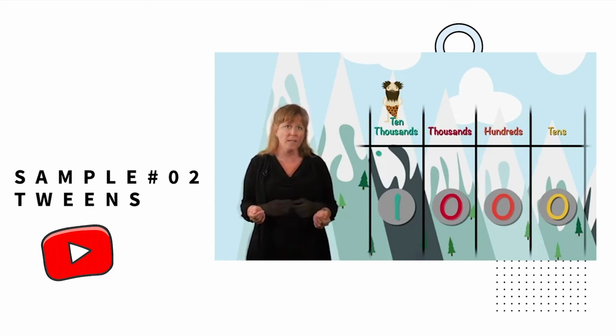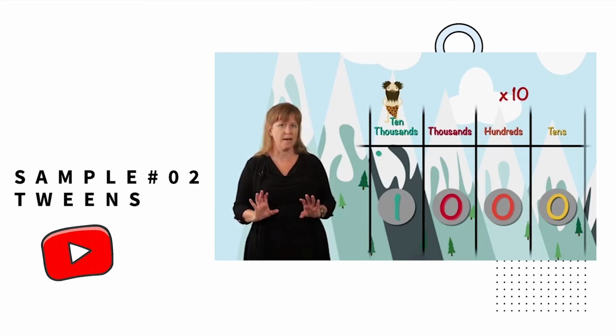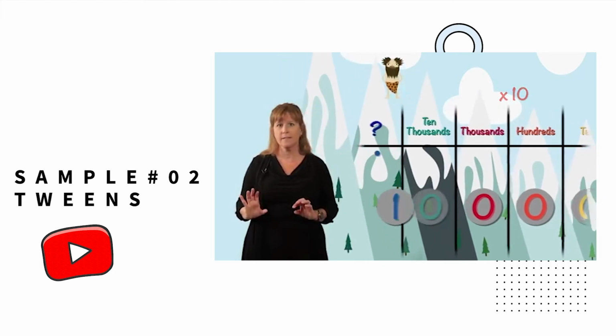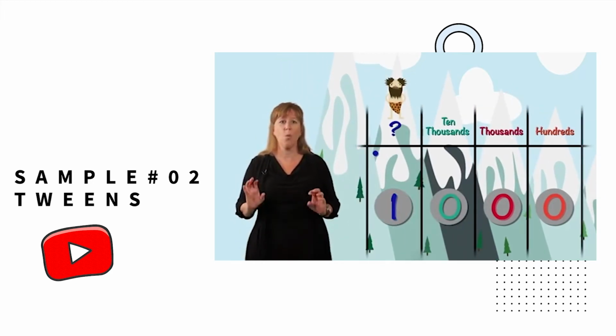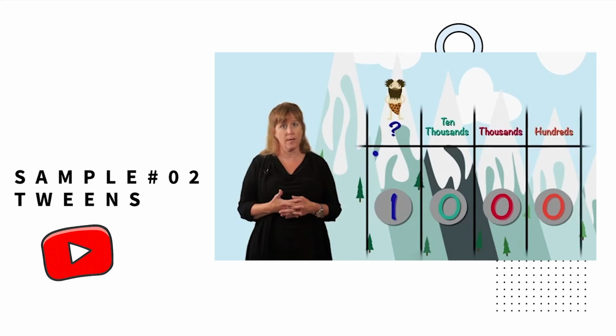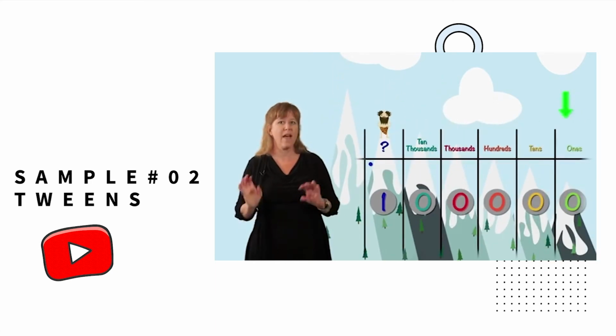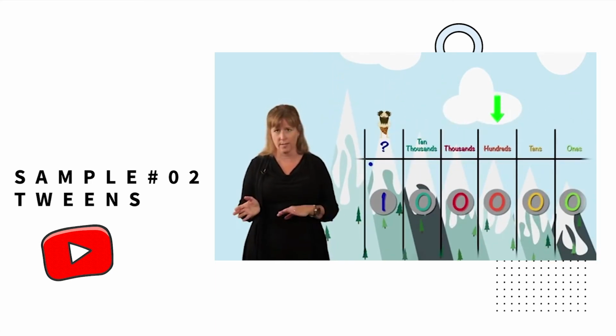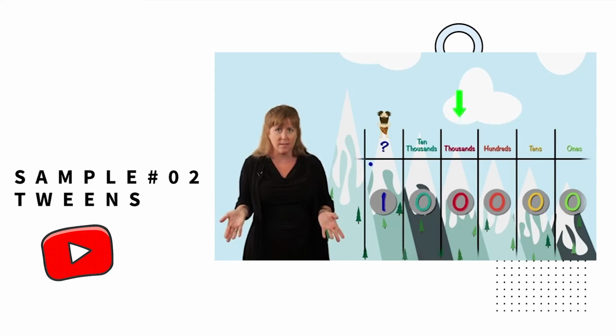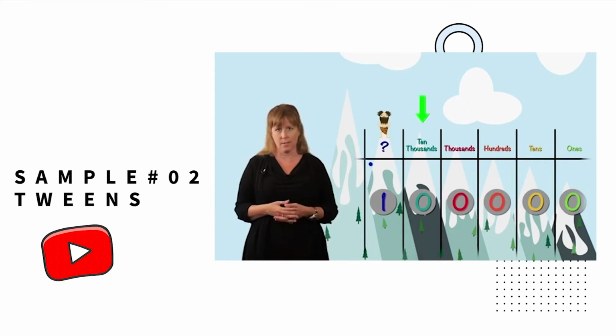Makes sense, right? To jump to the next column, let's multiply by 10. Hang on, Kevin. Whoop. That moved us one column to the left and added a 0 at the end. But now where are we? This peak isn't labeled either. We've had ones, then tens, then hundreds, then thousands, and 10,000s.